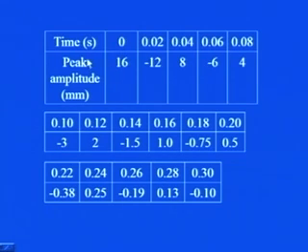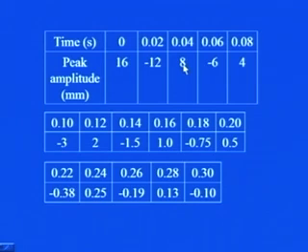You can see here the peak amplitude in millimeter is 16 at time t equal to 0, and then since it is sinusoidal, the next peak you will get in the negative direction. That is why this negative sign has been shown here: the next peak in the negative direction is minus 12, the magnitude is 12.